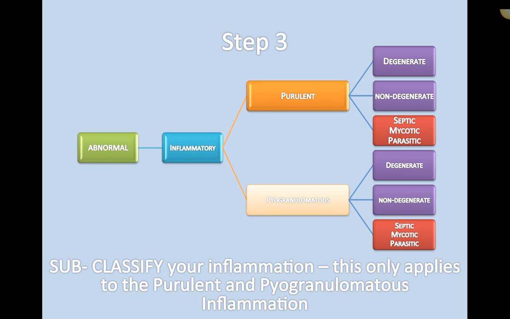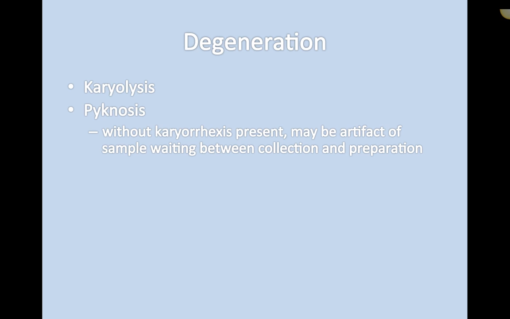And are you seeing sepsis, mycotic organisms, or parasites? So there are various forms of degeneration that you would note when you support your findings. Karyolysis is one of the most difficult for an untrained eye to get to know.